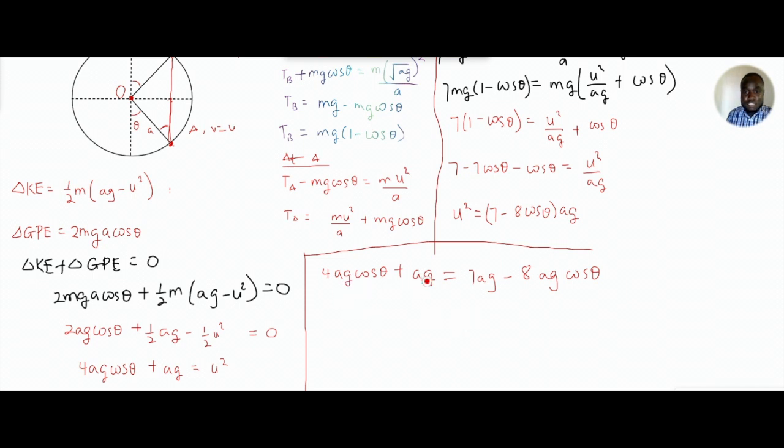Remember, there's ag running through the entire equation, so we can simplify this too. Now we have found a value for cos theta, and that is half. And that is all we need at this point.